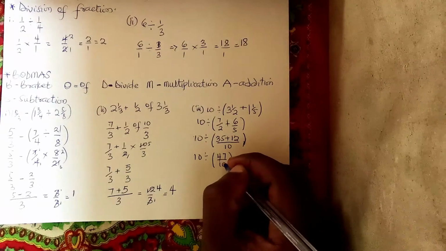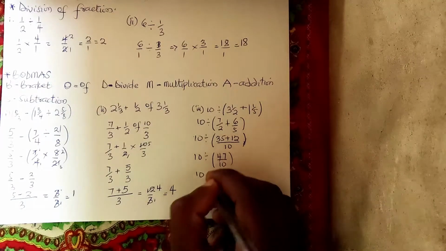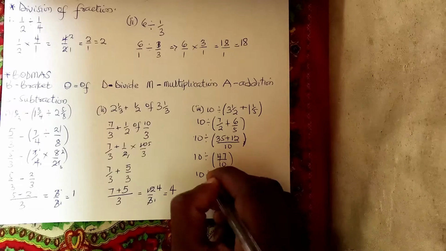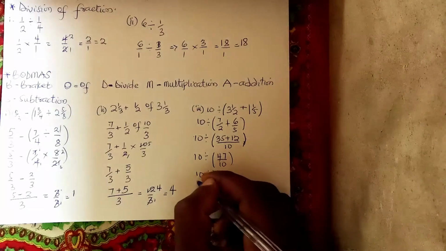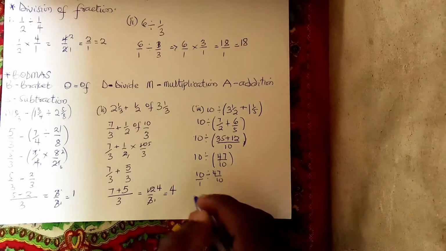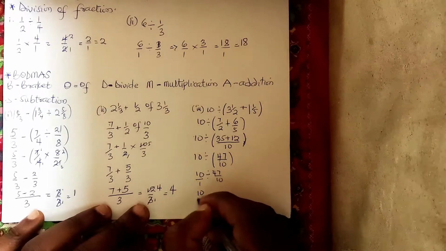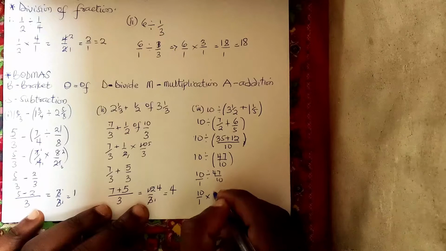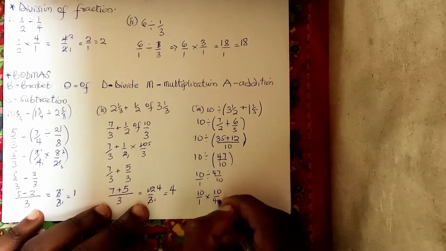Now we jump into the division side. So we have 10 divided by 47 over 10. We change the division sign into multiplication, reciprocating the fraction on our right. So we have 10 over 1 times 10 over 47.